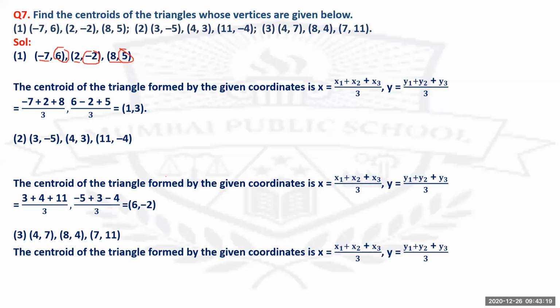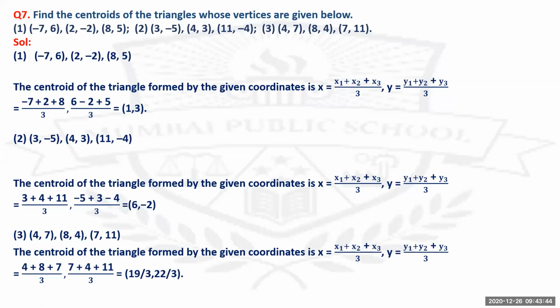Third sub question: 4 comma 7, 8 comma 4 and 7 comma 11. Find the centroid of the triangle formed by the given coordinates. You have the formula x equals x1 plus x2 plus x3 upon 3, y equals y1 plus y2 plus y3 upon 3.